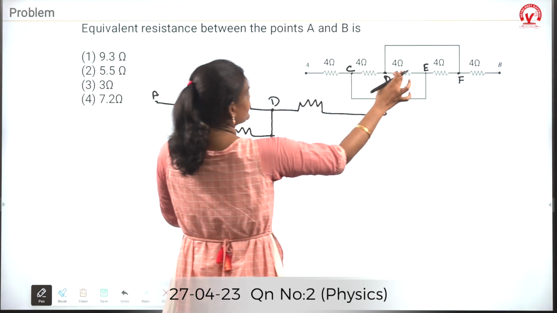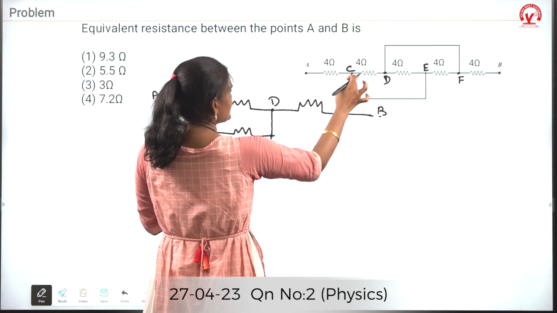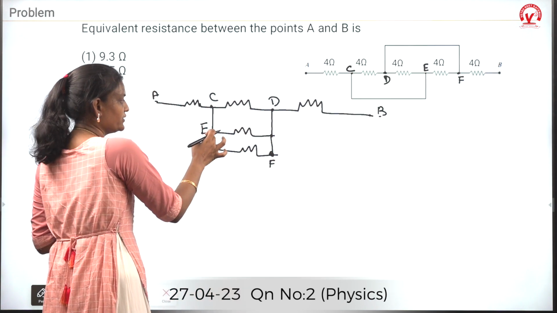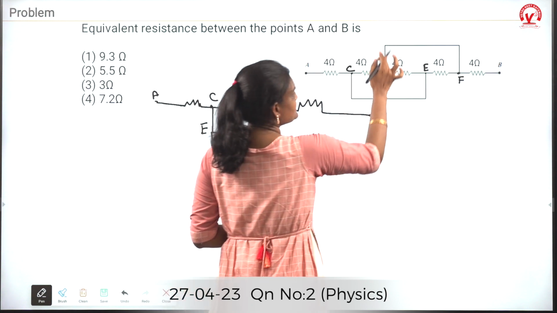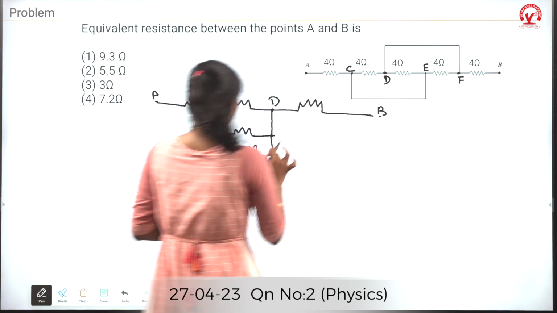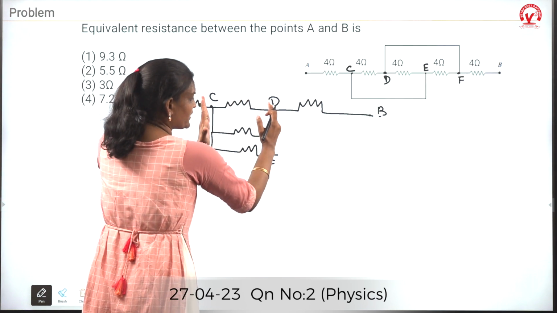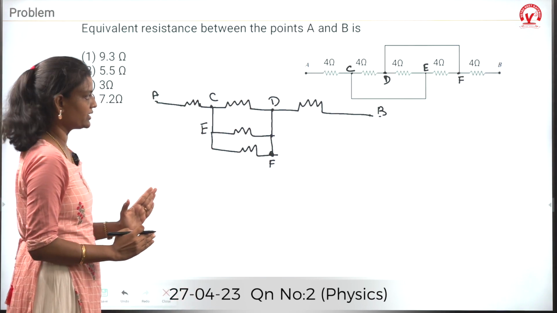See, C is connected to D and C is again connected to E. Here also C is connected to E and D is connected to F. So this part becomes a parallel circuit now.